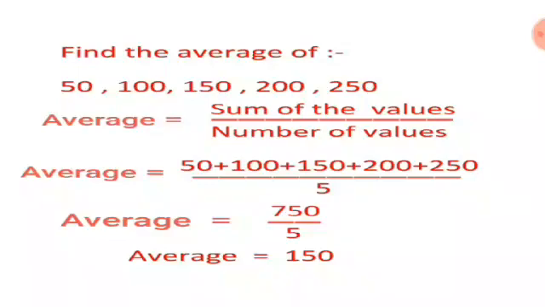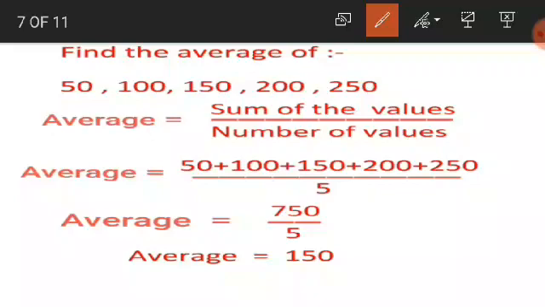Now come to next question. Next one is find the average of 50, 100, 150, 200 and 250. Now the average is equal to sum of the values divided by number of values. And here the values are 50 plus 100 plus 150 plus 200 plus 250 divided by 5.